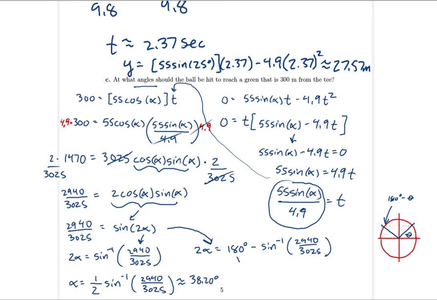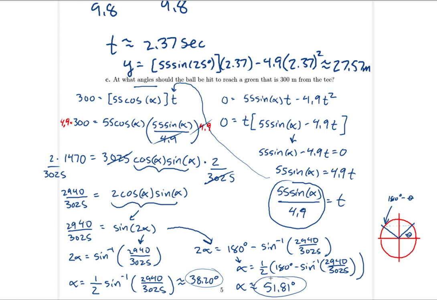So that means that alpha is equal to 1/2 times 180 degrees minus the sine inverse of all that. So alpha is approximately, when you crank all that out, 51.81 degrees. So this is kind of an interesting solution. You get 2 different angles, okay?